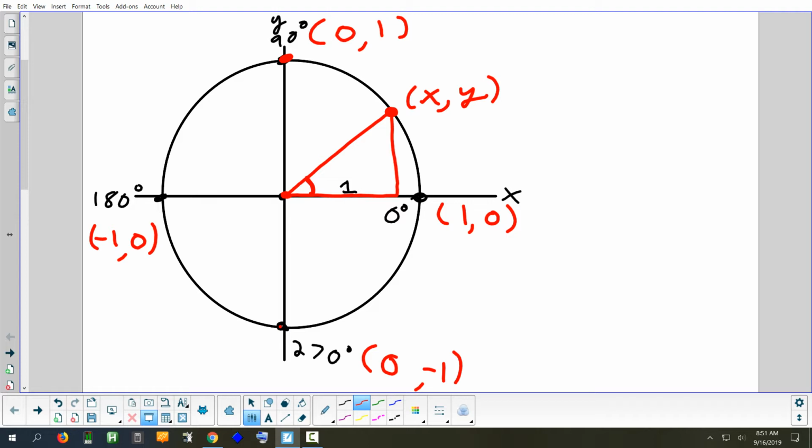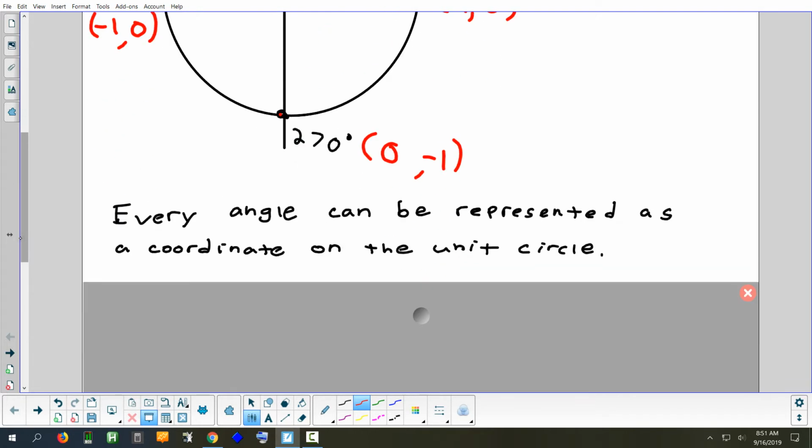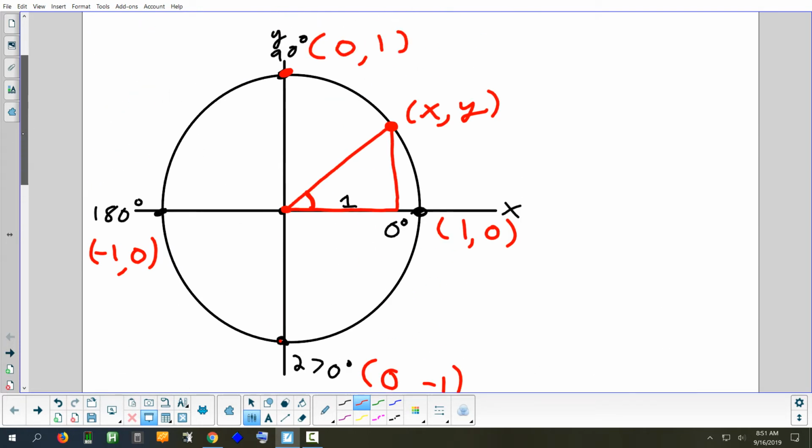Those are the easiest ones, and those are the ones that have the nicest numbers in them. All the other ones are going to have fractions, and some are going to have square roots. Now, it says here, every angle. Well, we're not really going to be able to do every angle. We're really just going to be doing angles that are multiples of 30 and 45, like 30, 60, 90, 120, 150.